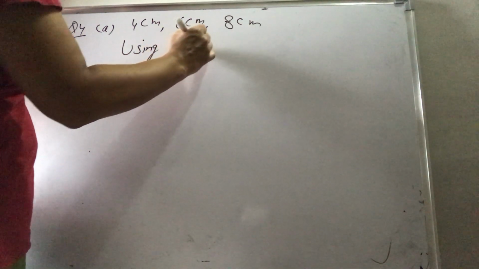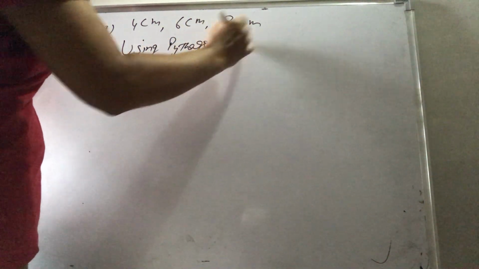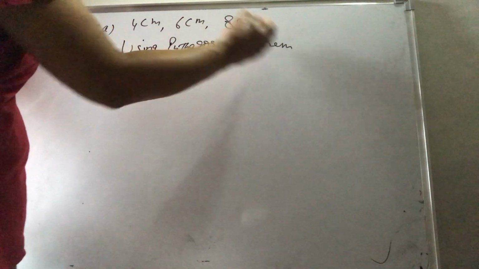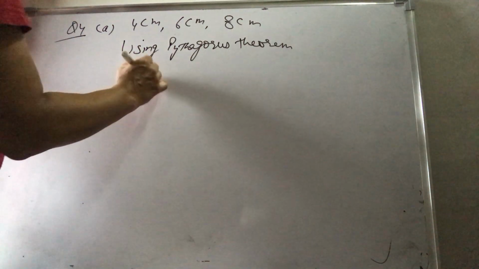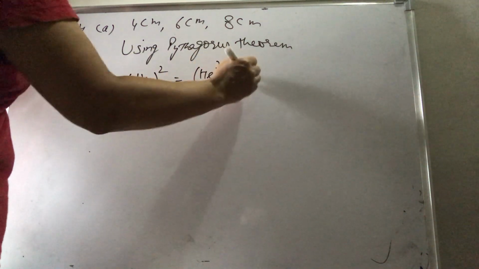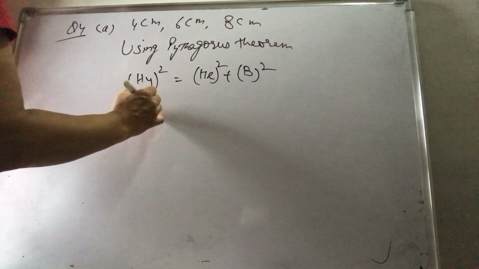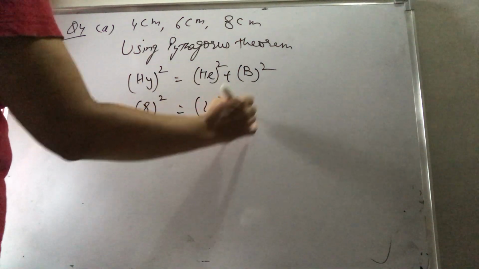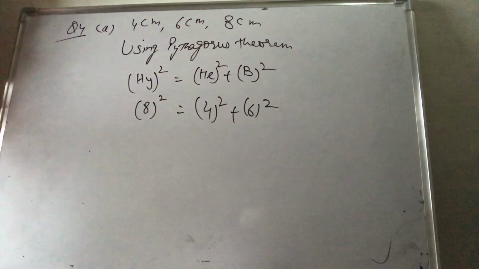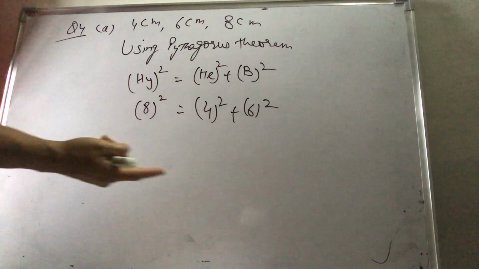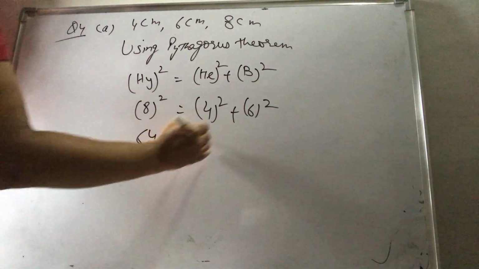Using the Pythagoras theorem, we will check whether we can draw this triangle with the 3 sides or not. The Pythagoras theorem is hypotenuse square is equal to height square plus base square. Hypotenuse will be 8. Height can be 4 or 6, any one of them. You can choose height as 4 or you can choose base as 4. It's up to you.